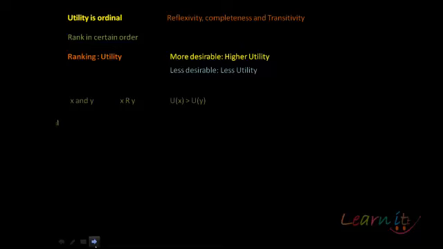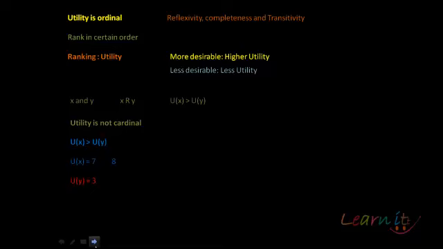Now the point is that utility is not cardinal. Suppose there are two situations x and y, and you say that x is preferred to y, and you give the utility through x a number, say 7, and the utility through y, say 3.